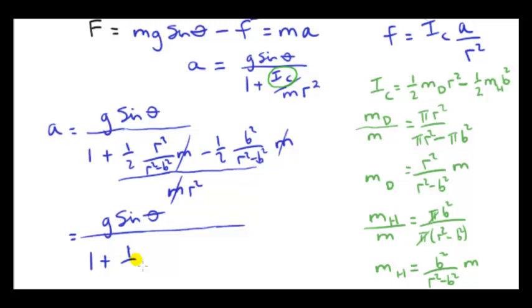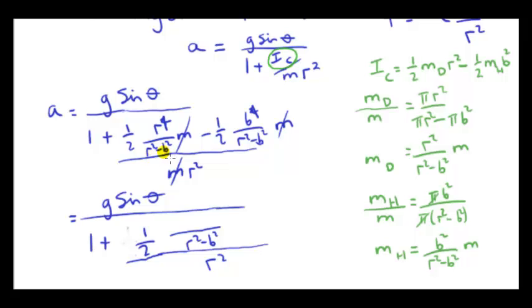Now I'd factorize a half out of the top. I nearly forgot that we've a half md times r squared here, and a half mh times b squared. So this becomes r to the power of 4, and this becomes b to the power of 4.